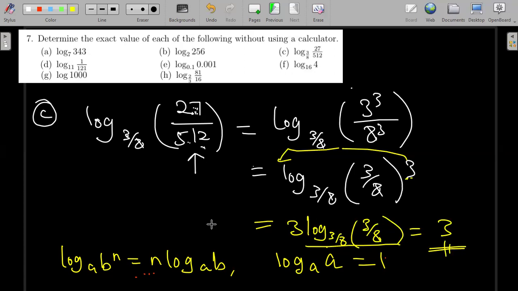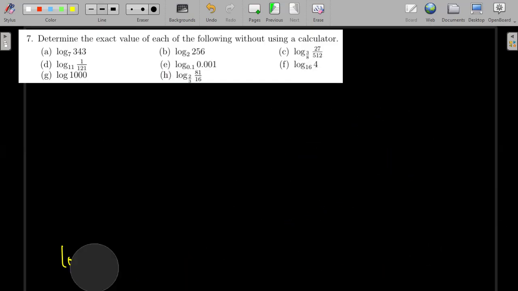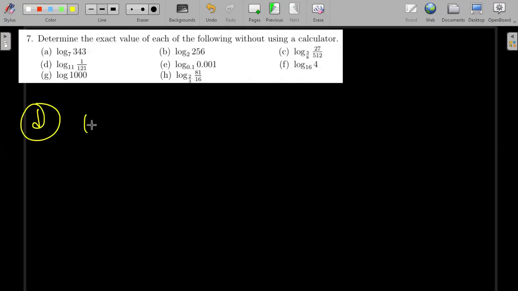Okay, so let's do D and E, and then the other ones, you can try them out. Then you are done learning about properties of logs. Okay, so let's try D. So D, we have log 11, 1 over 121. So now, remember that we can actually write a fraction as a number raised to a negative power.